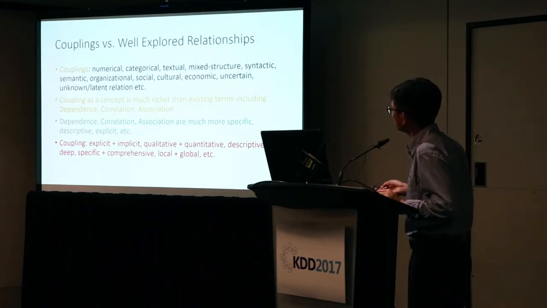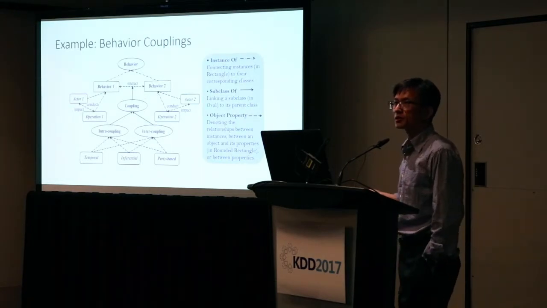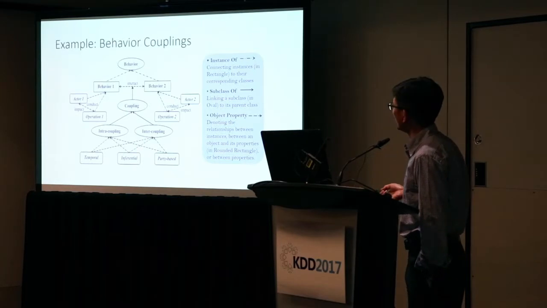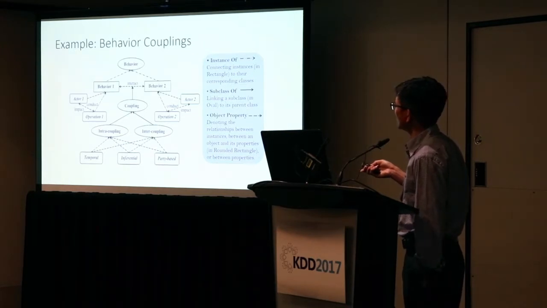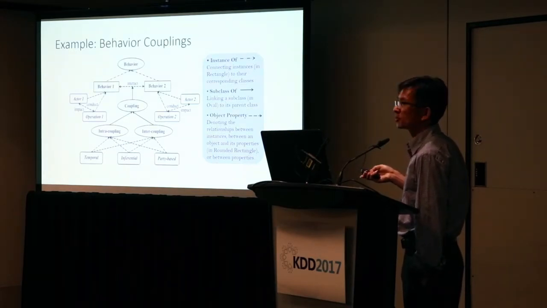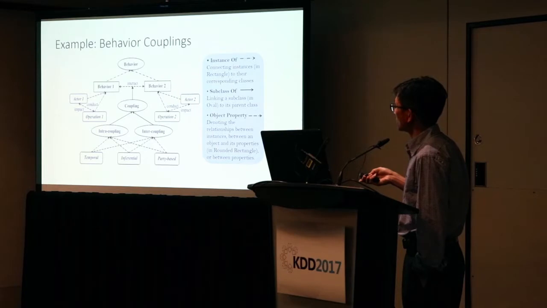To give you an example, nowadays everyone talks about behavior. This is like a hard concept of behavior. A behavior set consists of multiple behaviors. This could be human behavior, could be robot behavior, right? A behavior could have an actor, a subject, an object, and then an operation pair. And then we know there could be this or that relation between behaviors.